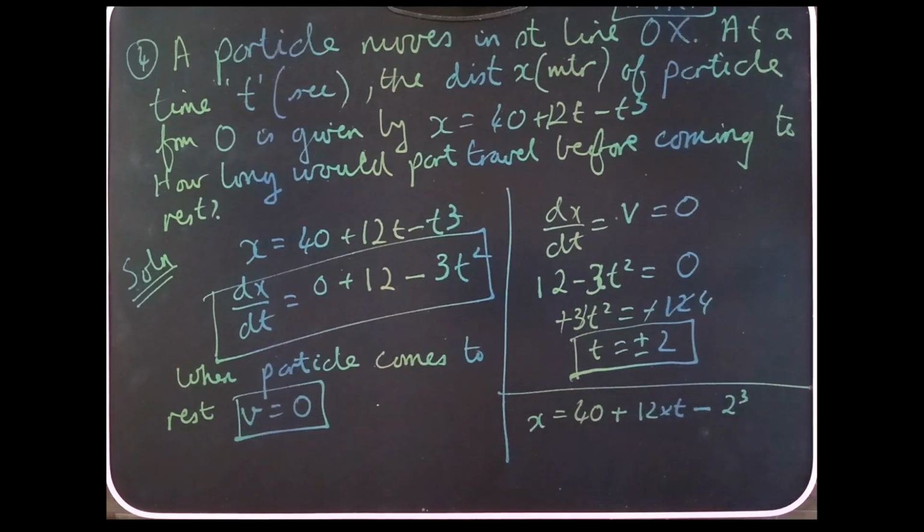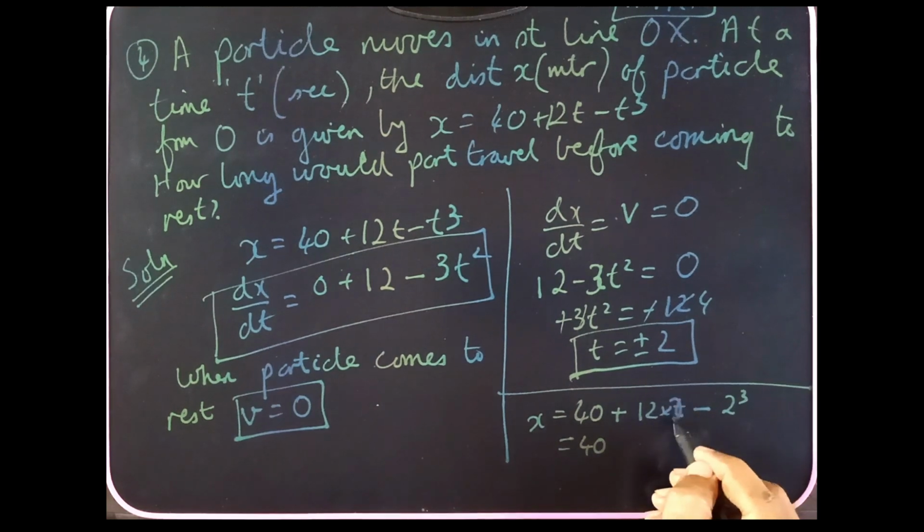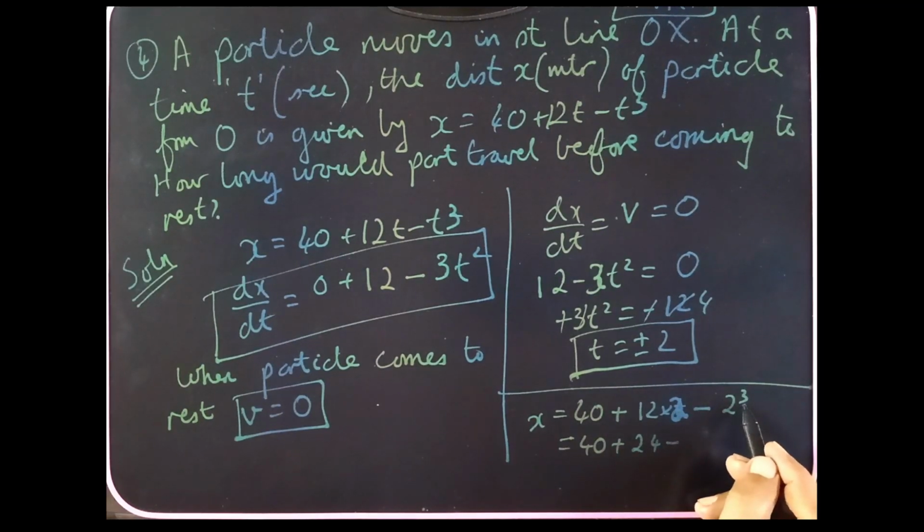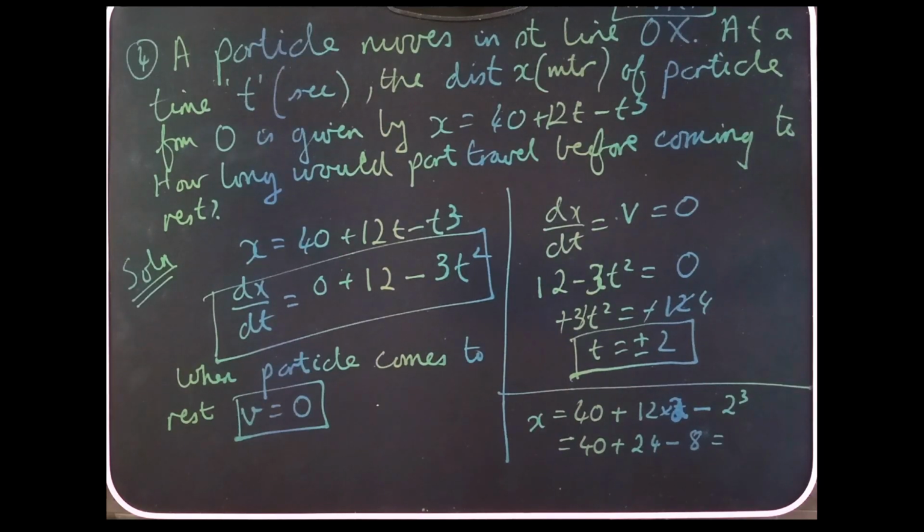So you'll get 40 plus 24 minus 8. How much will you get? 40 plus 24, let me calculate it. Even for a small calculation you use a calculator. You will get 56.